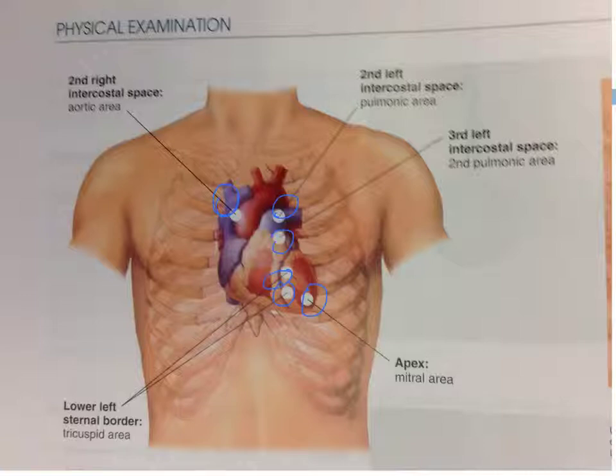So when you hear an extra sound, you may need to have the patient lean forward or lay on the left side. This actually brings the heart closer so that you can hear better. There are other positions that you could put the patient in depending on what type of murmur they may have. They are heard better in maybe a squatting position, standing position, or a Valsalva type maneuver position.